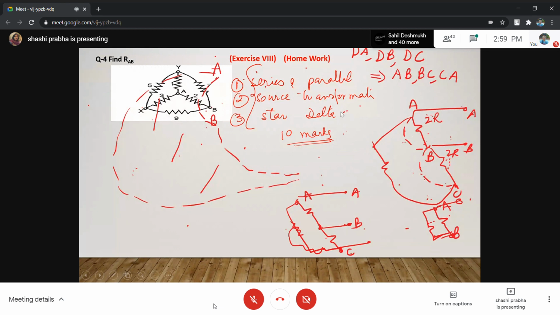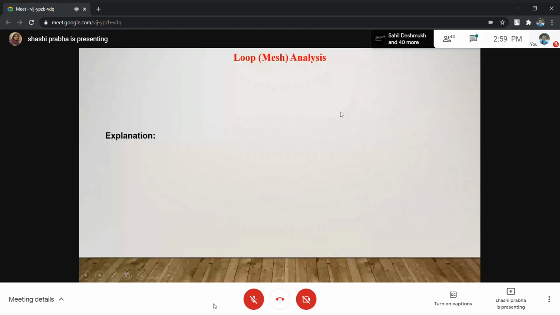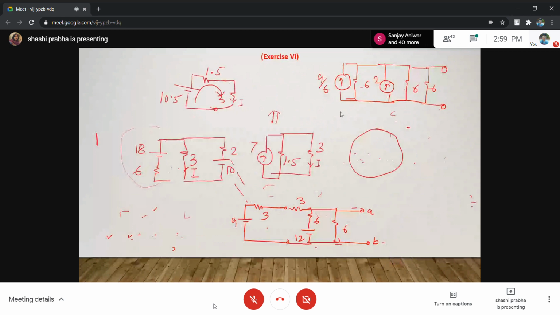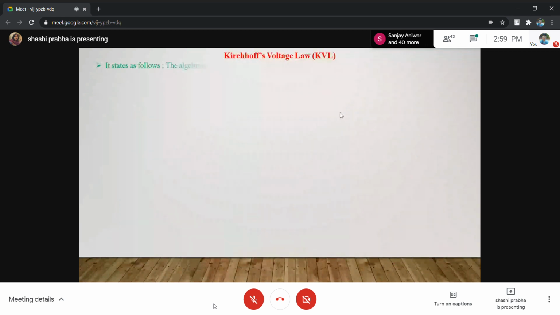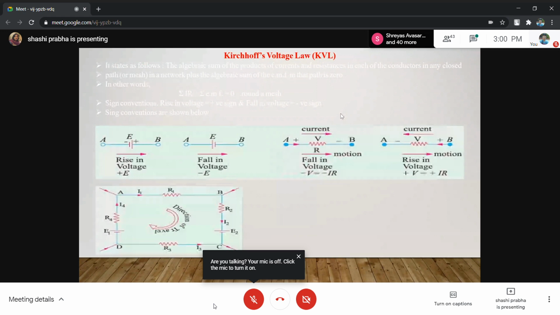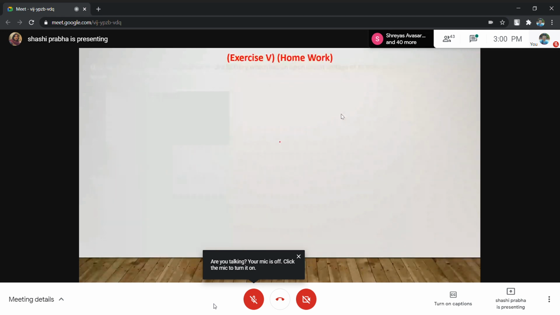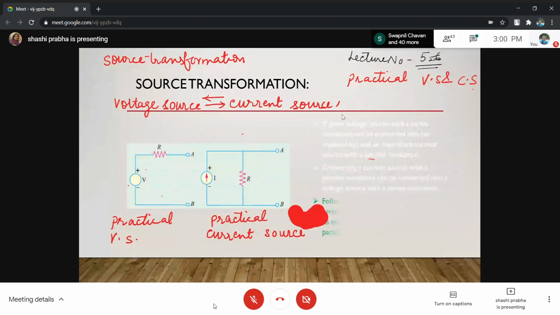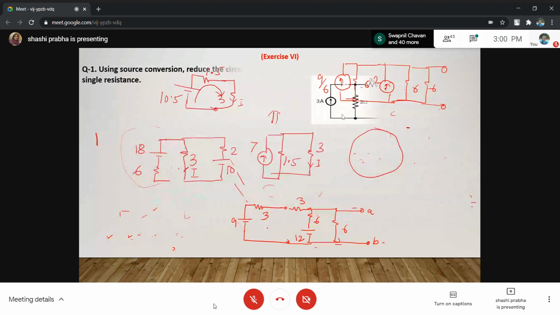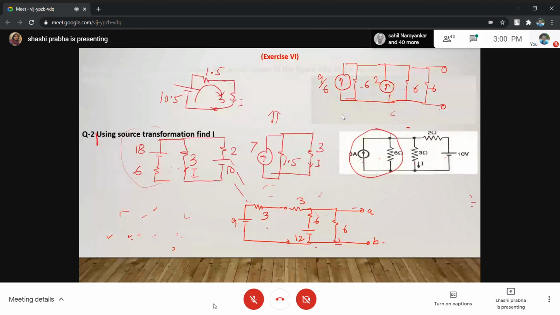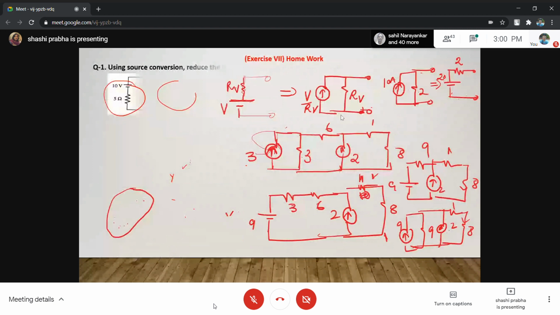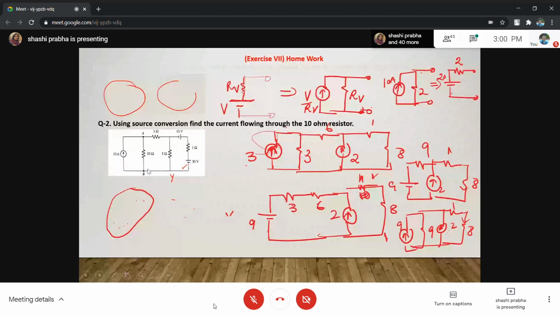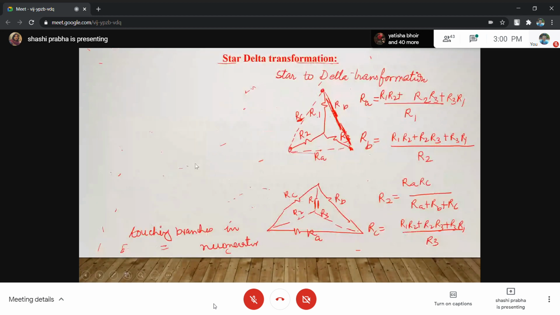All these types of numericals, see, we have done all of these. Source transformation. Look at these numericals. Everything will be erased at once at the end. For the numericals you have to maintain a register.